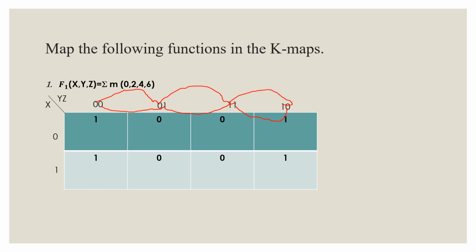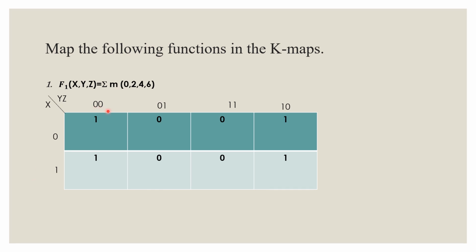So here we write in this pattern, that is first 0 0, next 0 1, third 1 1, then 1 0.